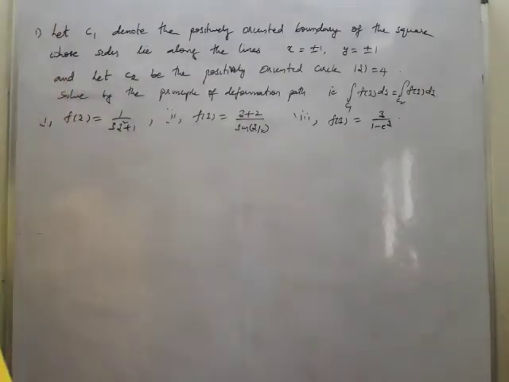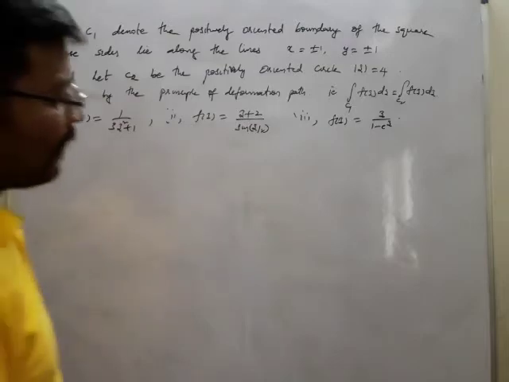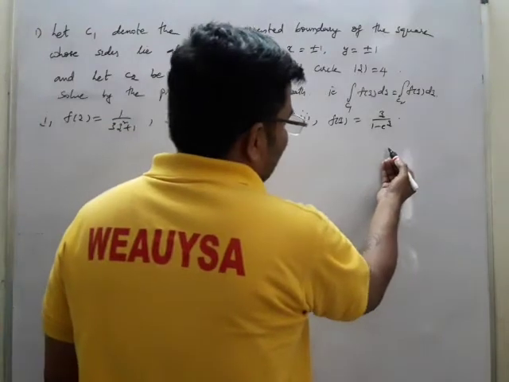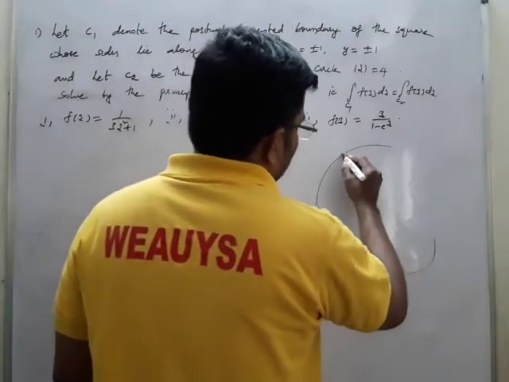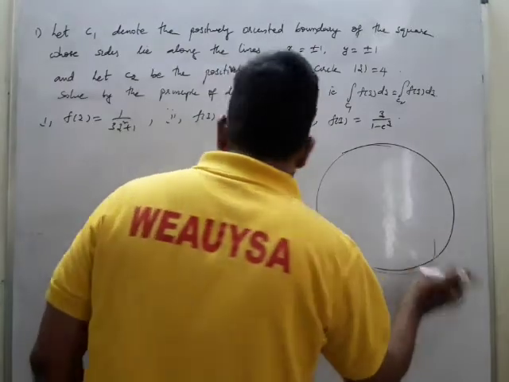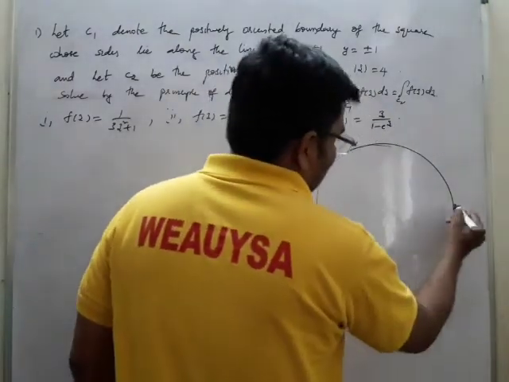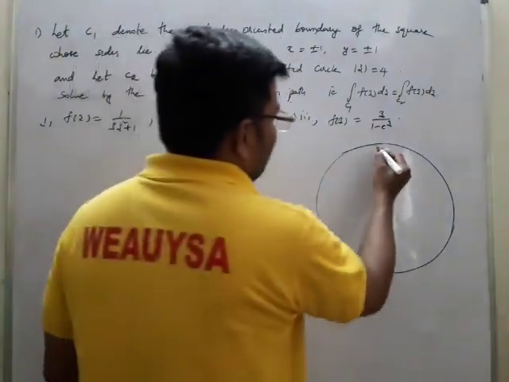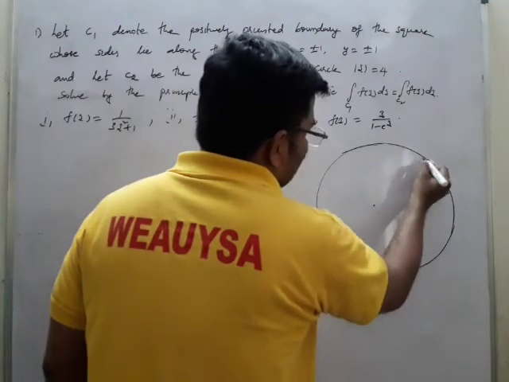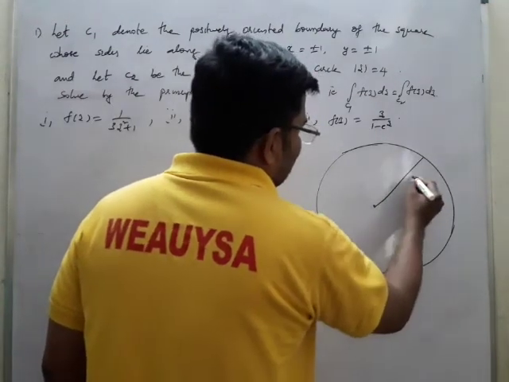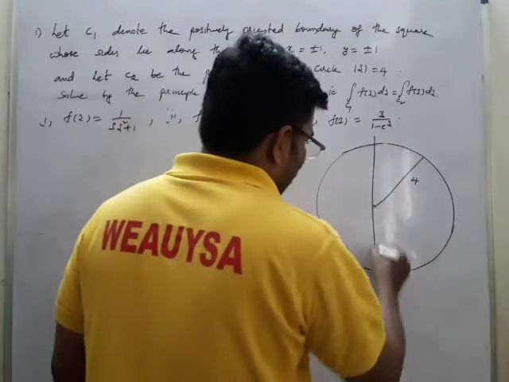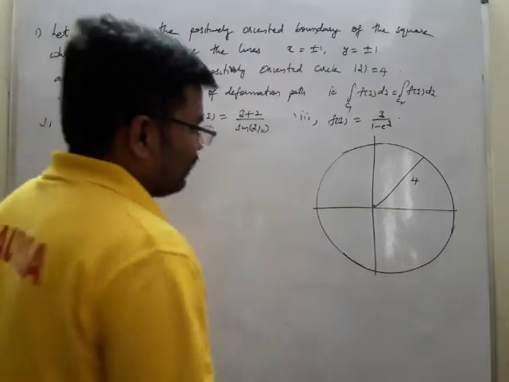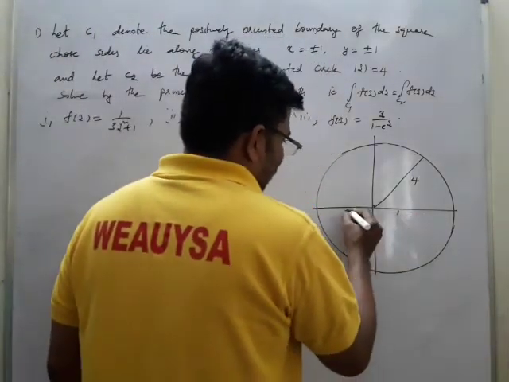Let us draw the circle so that we'll get an idea. First I'll draw C2, that is mod z equal to 4, a circle with radius 4. Let us take the center, and this point is 4. Then x is plus or minus 1, so I take 1 here and minus 1.